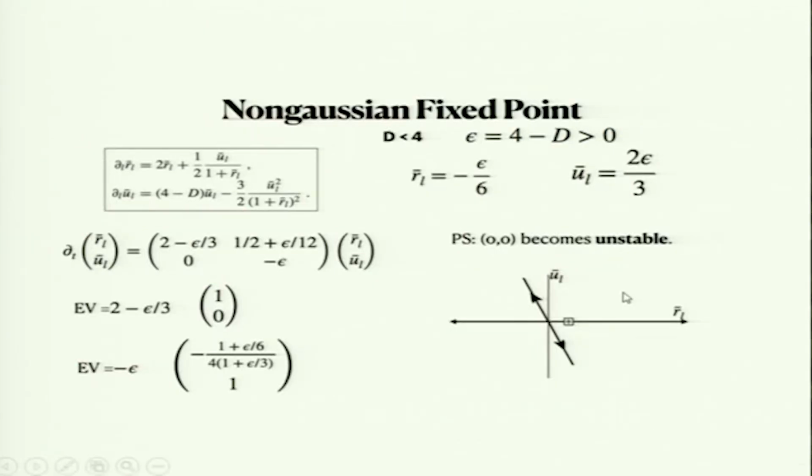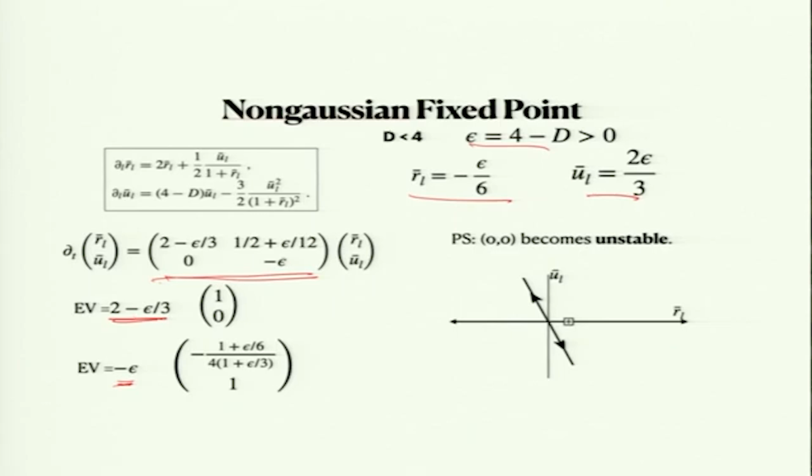Okay. So, this is a fixed point, I can linearize it, it is a bit of work, but you can do it. So, this is my vector, this matrix. It has two eigenvalues, 2 minus epsilon by 3 and minus epsilon. Epsilon is positive. So, what happens to minus epsilon? Negative. So, one eigenvalue is negative, and what about this?